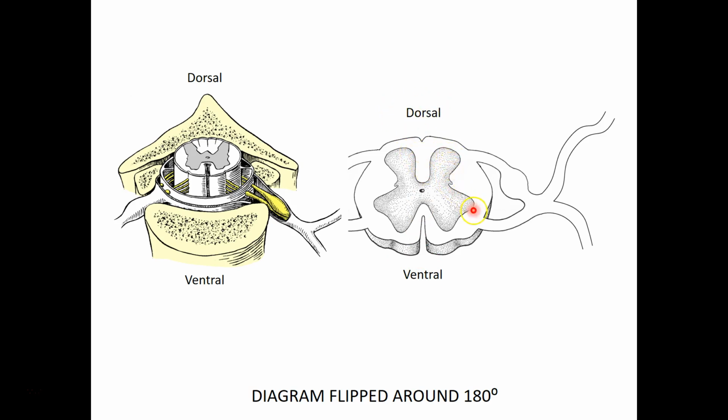Here's that butterfly-looking gray matter in the middle, and here is a branch coming out dorsally, a branch coming out ventrally, and these are those branches towards the dorsal surface and the ventral surface that I showed you over here, and then on the previous diagram, on the more realistic drawing, we actually showed you as well.